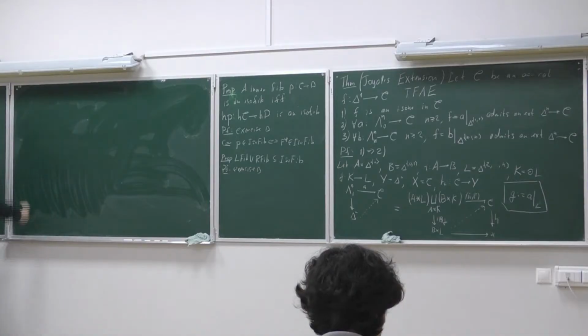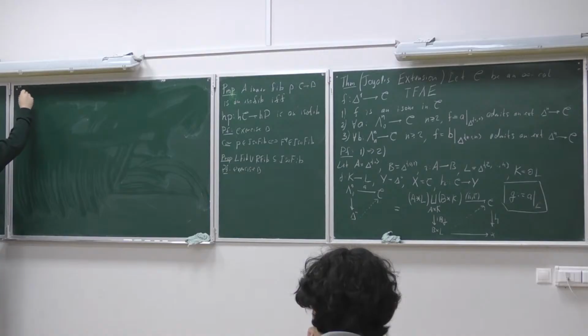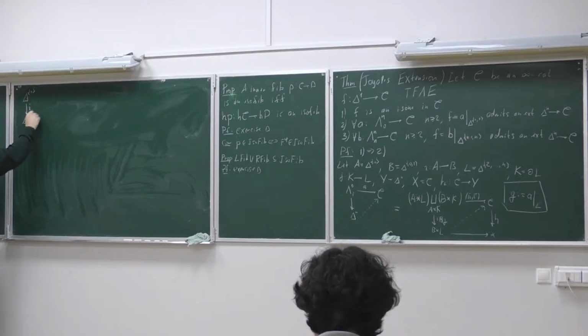So the equivalent lifting problem for the slices looks as follows. Here I have still delta 0, which is included into the simplex with vertices 0, 1.